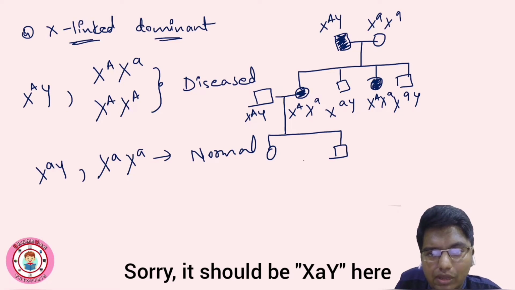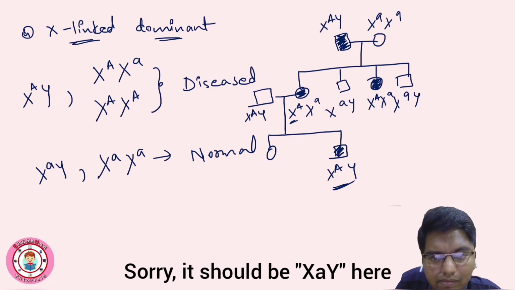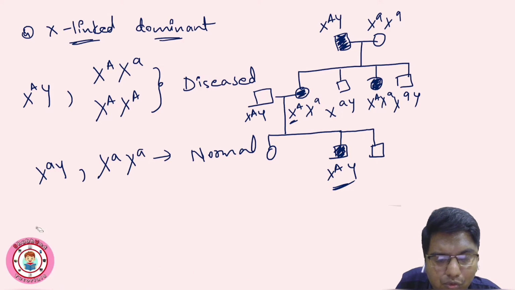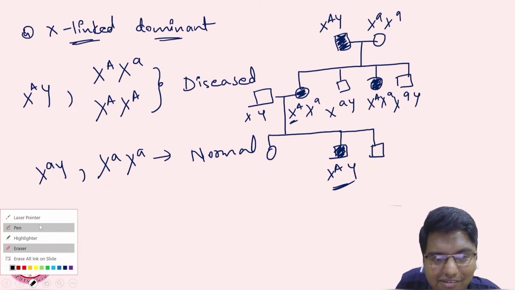So now this boy will get Y, and if this gets this X, now this will be diseased. If there is another boy... no, here we want to show recessive, because if this becomes capital, then this will be diseased, right?